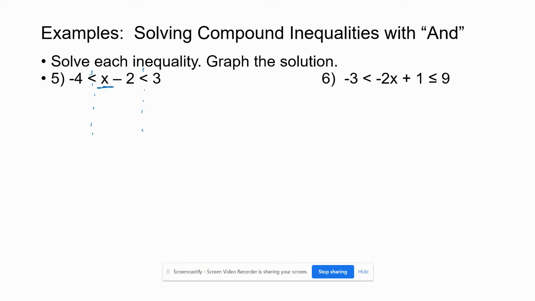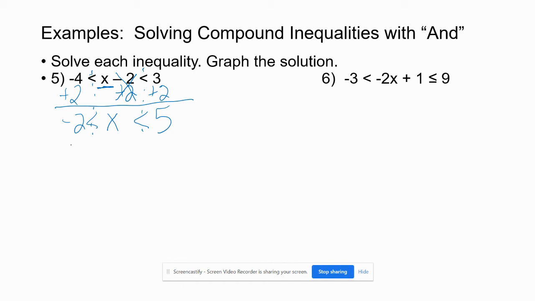Here's our variable. So to get x alone, the opposite of subtracting 2 is to add 2. Now I have to hop over this wall to the right with the 3, but also to the left with the -4. -4 plus 2 is -2. We have the x, those add to 0, and 3 plus 2 is 5.